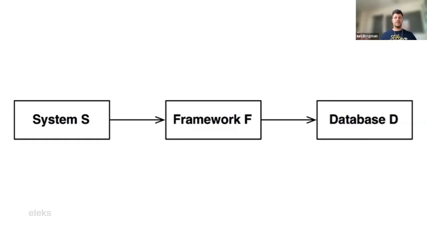Suppose the authors of the framework have bound it to a particular database. So S depends on F, which depends on D. Now, suppose that this database contains features that F does not use, and therefore S does not care about.